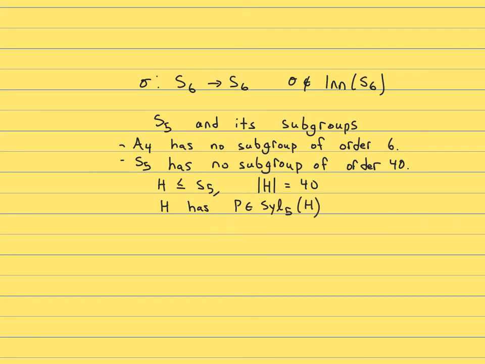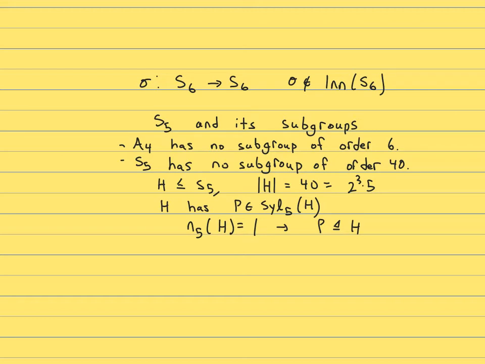We're working with H specifically, and 40 is 2 cubed times 5, and so the number of Sylow 5 subgroups in H has to be congruent to 1 mod 5, and it has to be a divisor of 8. So you see it has to be 1, which means that whatever the subgroup of size 5 is, it is normal.